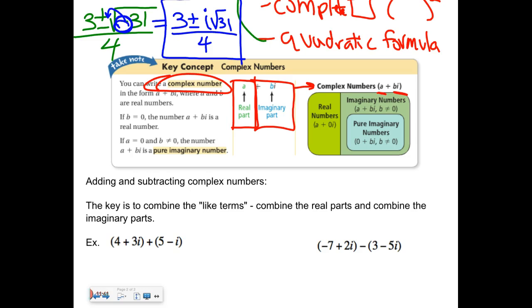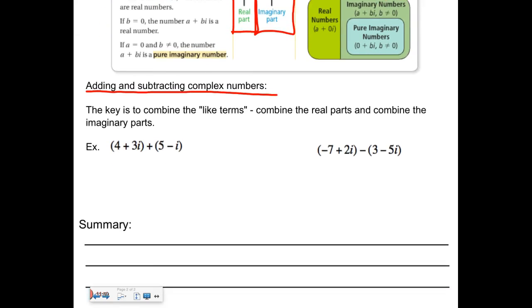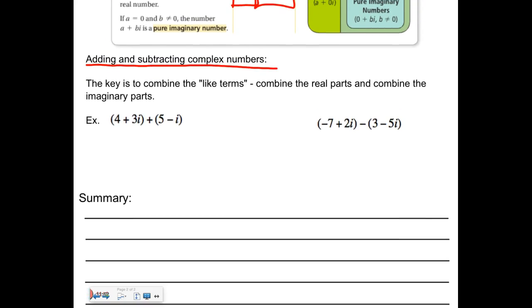Okay, so today what I'm going to have you do is I'm just going to have you add and subtract complex numbers. When we do that, we are going to combine like terms, which is something you guys have probably been hearing since like 5th grade. So we combine our real numbers together and combine our imaginary parts together, so aka our i's.